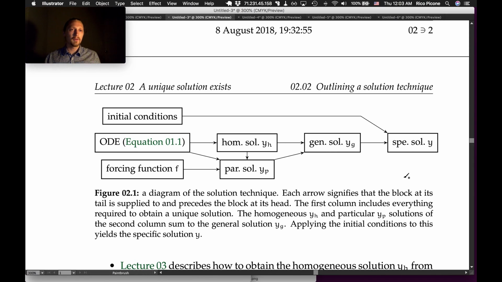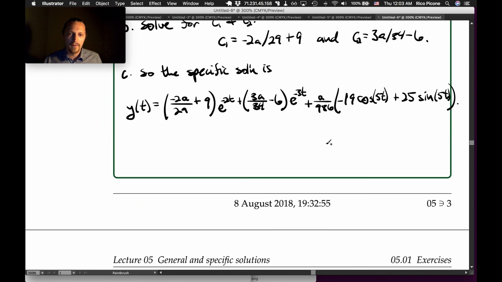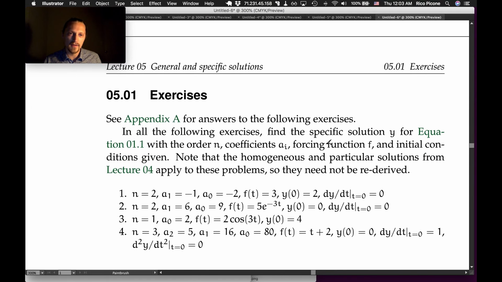I hope that you have tracked through, done all of the exercises thus far, and there are exercises in this last lecture too, lecture 5. So please go ahead and do those. I gave initial conditions and forcing functions. I used the same equation, so the same differential equations as lecture 4's.